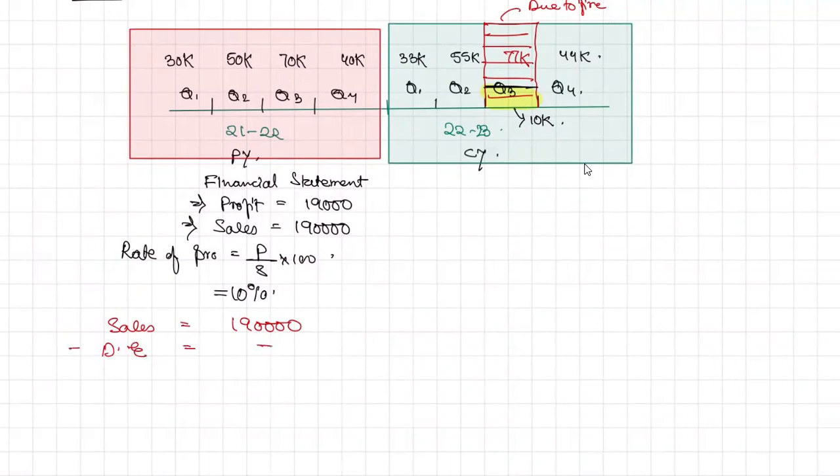Suppose for an example, my direct expenses are 1,20,000. Correct. So what is my gross profit? Here it is 70,000. Now from here we deduct our indirect expenses.